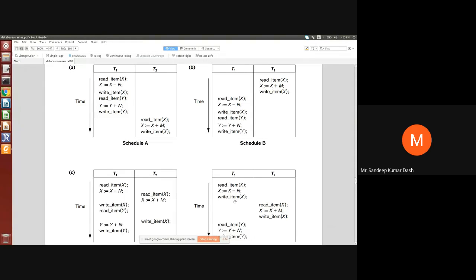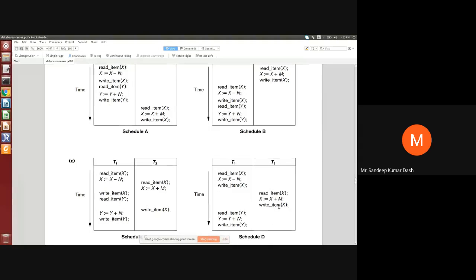These two will be view serializable because T1 is reading the data item X first. Here also T1 is reading the data item X first. Here T2 is writing the data item X at the last. No one else is writing afterwards. Here also T2 is writing the data item X last. No one afterwards is writing the data item. Fine. These two are view serializable.